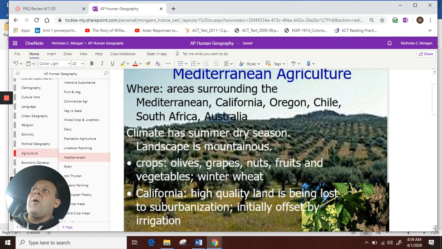They are growing them on marginal land, meaning it's very dry, and they're getting good production, but they're tapping into a water supply that's already challenged. A lot of people live in California. There's a lot of uses of water there, and the water level has been going down in many of those areas for years. So environmentalists, neo-Malthusian-like, are concerned about the overuse of water supply in these Mediterranean climates.